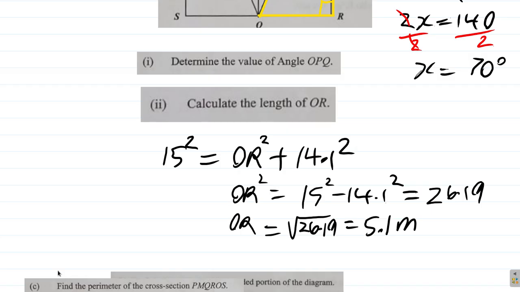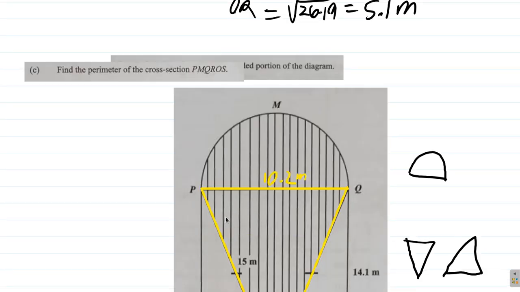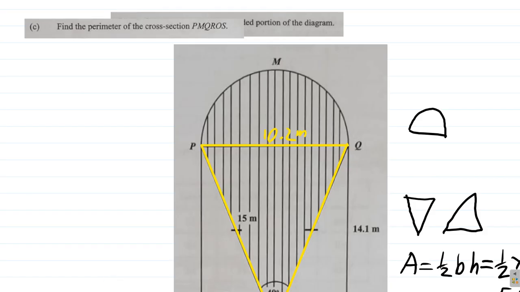Peri means around. The Greek prefix peri means around. Meter means to measure. So perimeter means measure around.